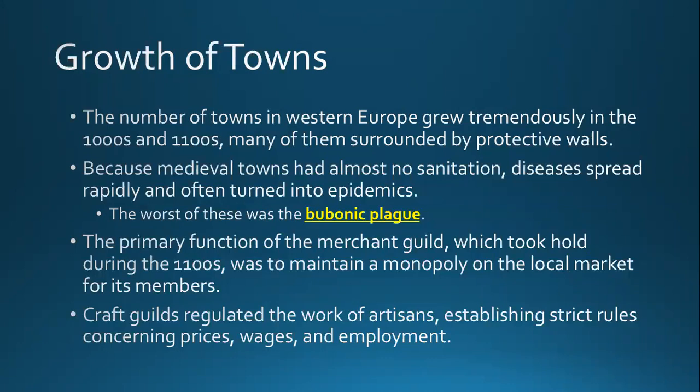Now, the towns, as you can see with the second bullet, they were nasty. All right. So there was almost no sanitation at all. Like, you do your business in a pot in your house, you're just tossing it out the window when you're done. And it's just going to pile up, shall we say. So literally, if you're walking through these medieval towns and cities, you're literally walking past puddles of urine and piles of poop.